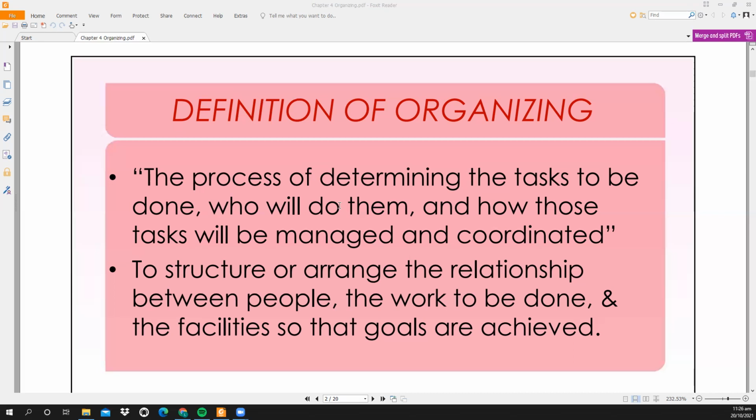And then this manager will use that authority to delegate those tasks to his subordinates. And lastly, coordination, which ensures that the group of activities assigned to a manager is linked with other groups of activities assigned to other managers in the organization.